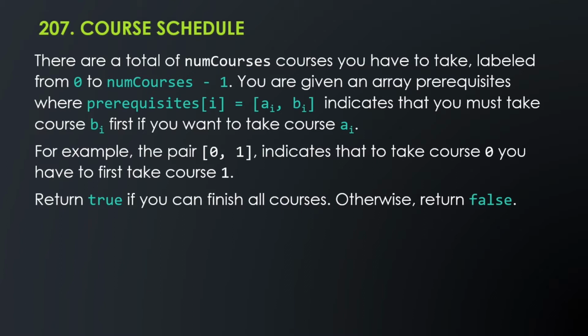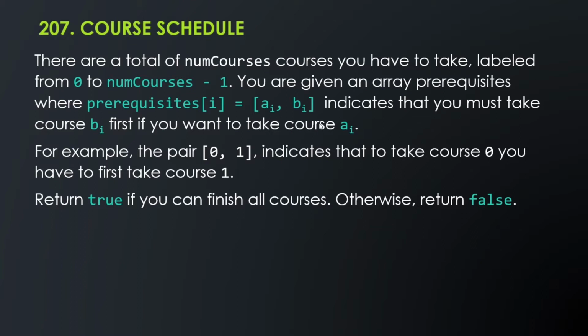So there are a total of numCourses courses that need to be taken, labeled from 0 to numCourses minus 1. We're given an array of prerequisites where prerequisites[i] is equal to the pair [A, B].